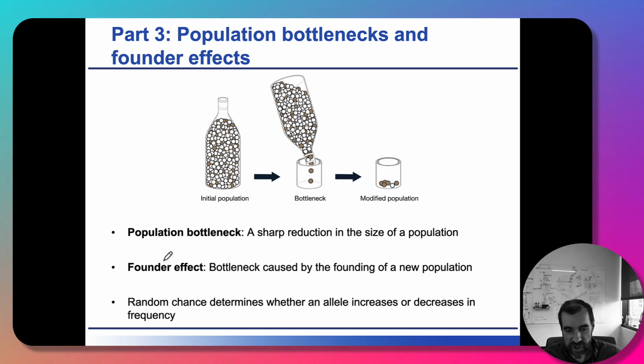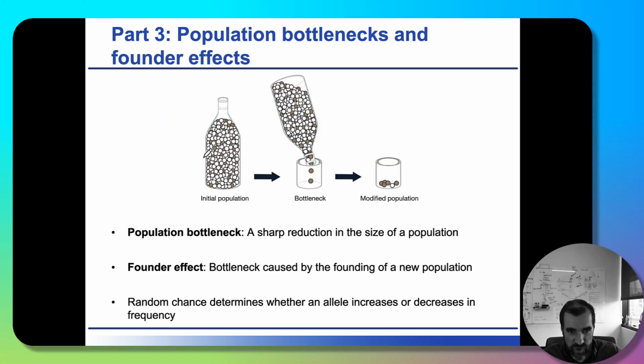A founder effect occurs when a new environment that typically did not have individuals of a species is now founded. In both cases, you have a very small amount of individuals that actually seed that population.